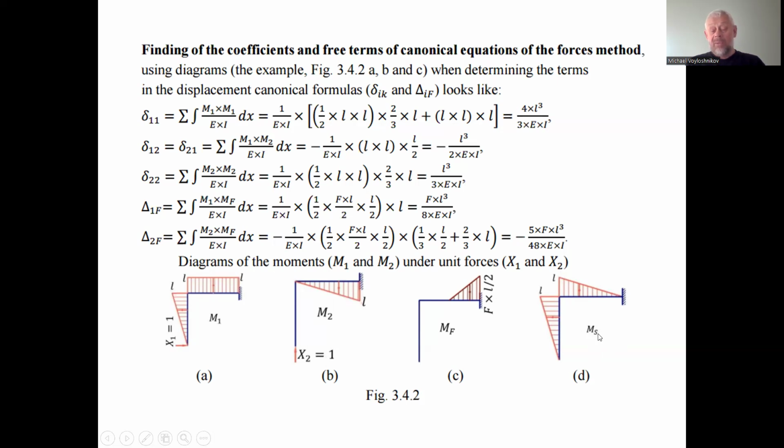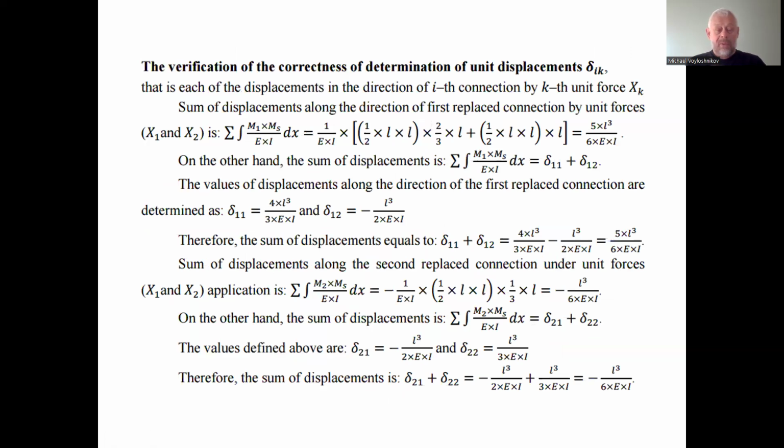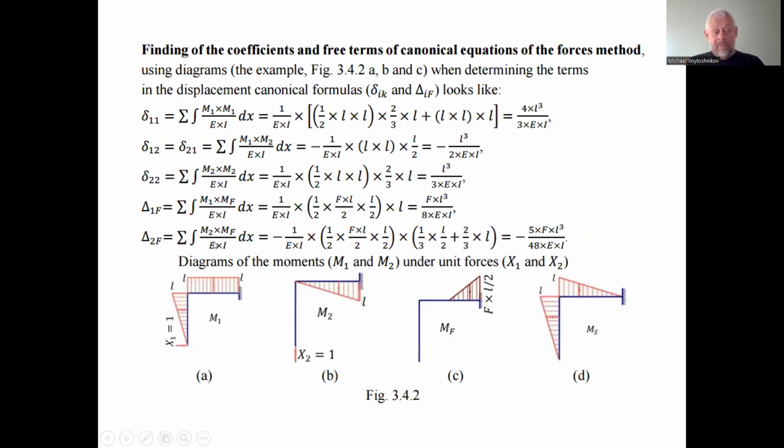This abstract concept of data is used for the verification of the correctness of the factors found. So the values of displacement along the direction of the first connection were determined previously. Here we found delta 1,1 and delta 1,2. We got them before.